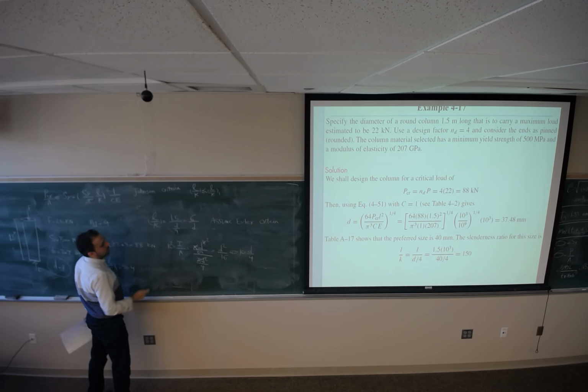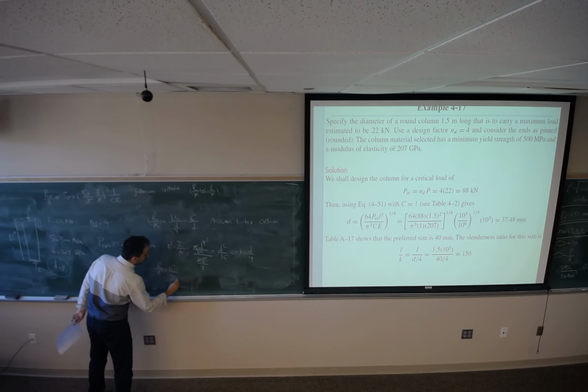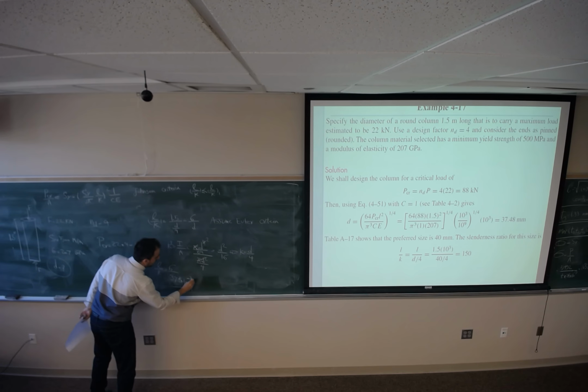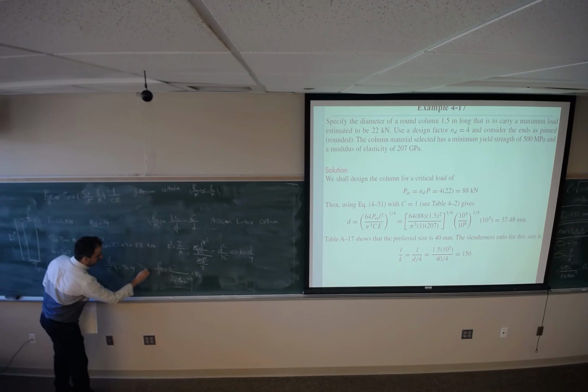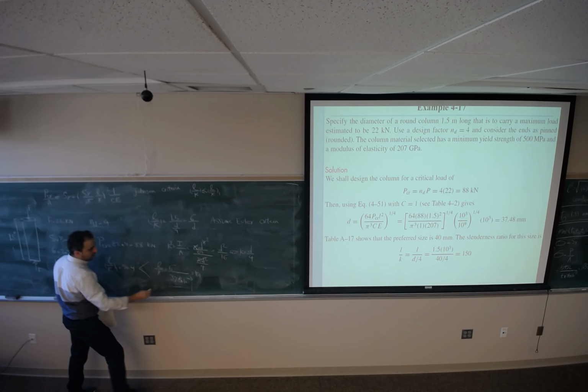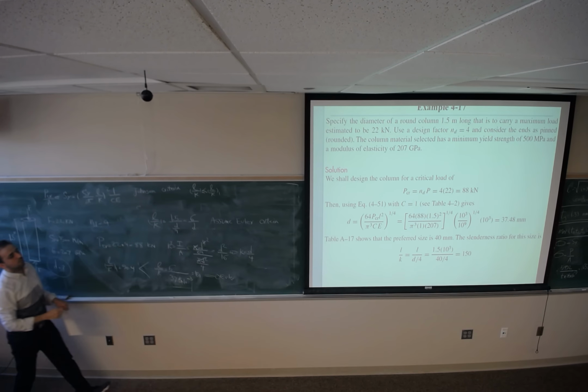Come back and check L over K. We will get L over K as 6 divided by 37.48 times 10 power negative 3, which is 151. It's greater than 90. Euler should be used, and we used Euler, so we are good.